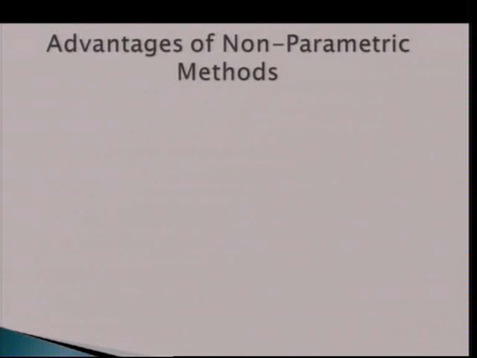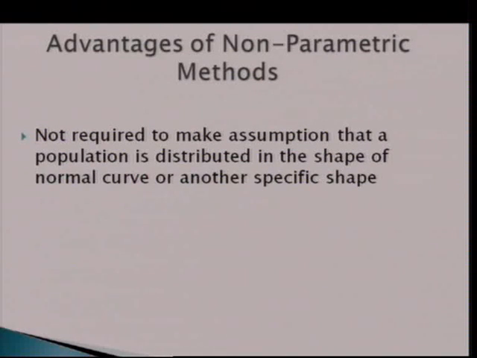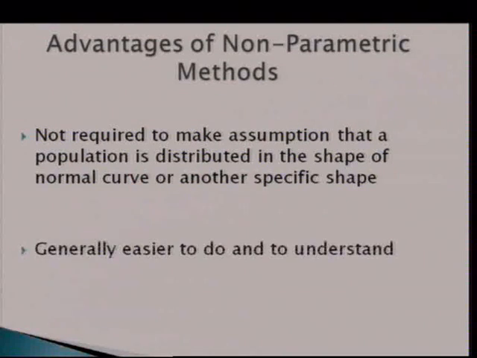The advantage of non-parametric methods is that it is not required to make any assumption that the population is distributed in the shape of a normal curve or any other specific shape. It is generally easier to do and understand, so the calculations are easier.